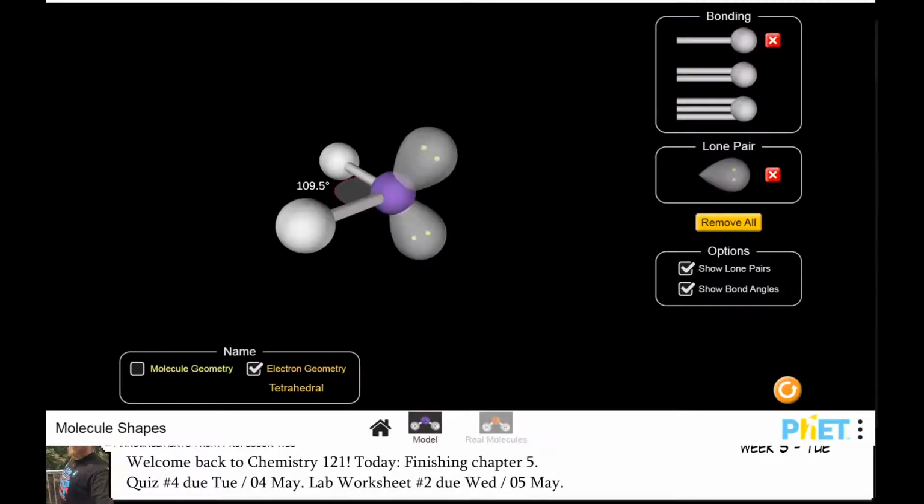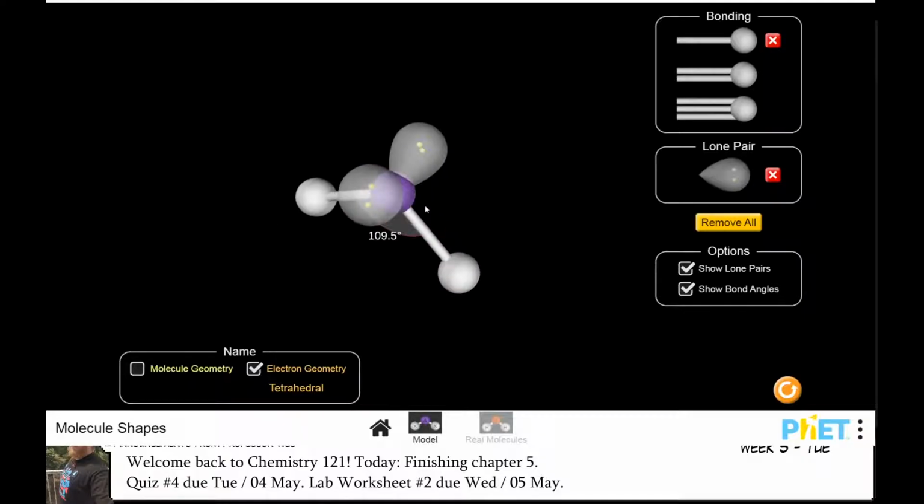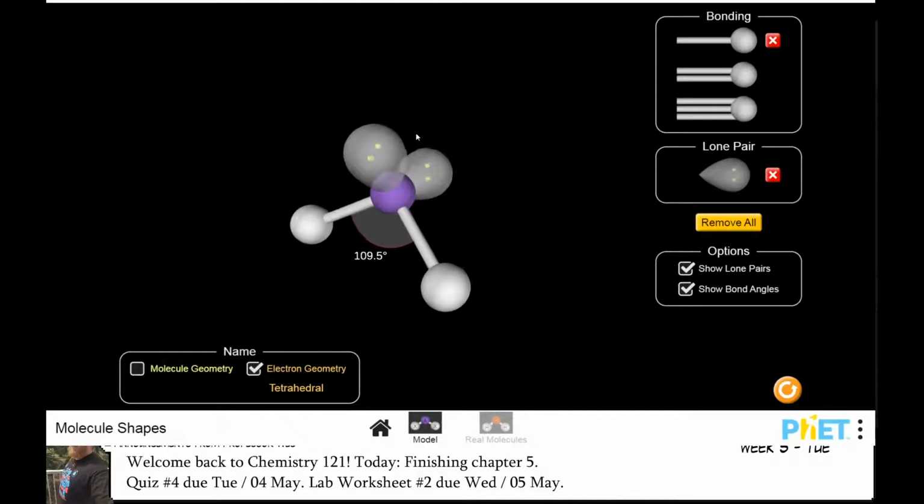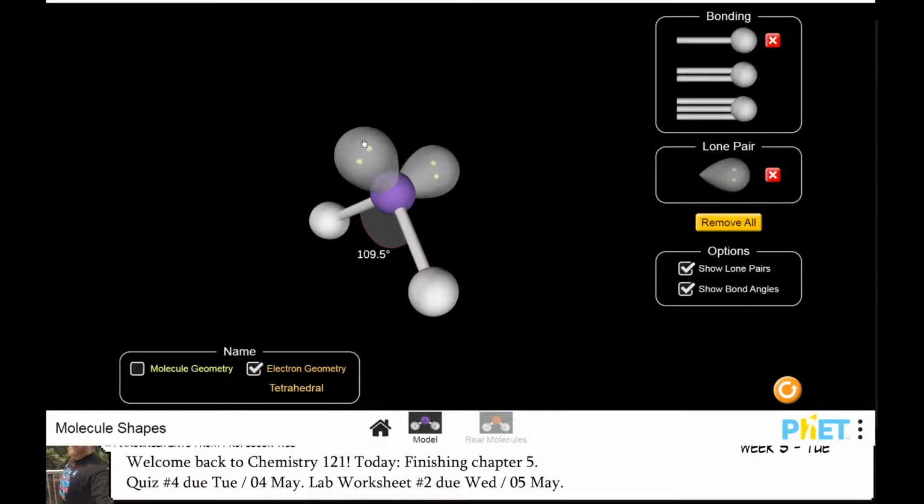All right, going back to this simulation again, we can actually do an interesting experiment. For instance, we know that electrons and bonds take up space because they are all electrons. They all repel, right? But electrons are much, much smaller than the atoms that they are bonded to.